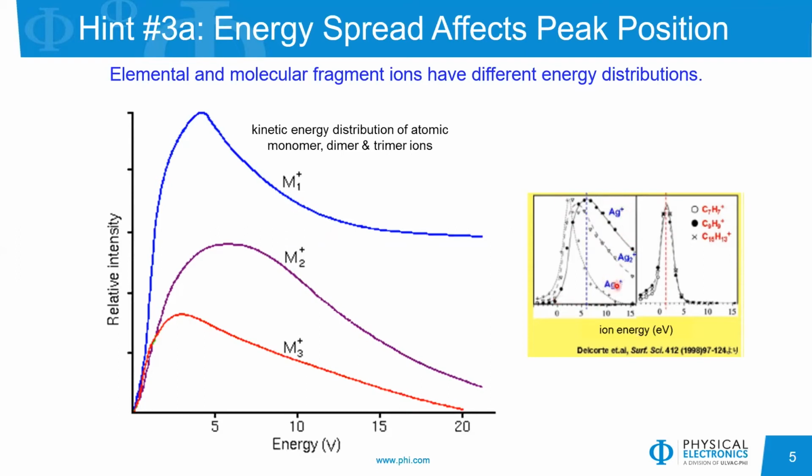And you see, even for the trimer, that energy distribution is 15 or 20 eV. But if you look at this series of organic ions, those energy distributions are about 3 eV full width half max. So the energy distribution affects both the mass resolution and also can have an effect on the peak centroid position.